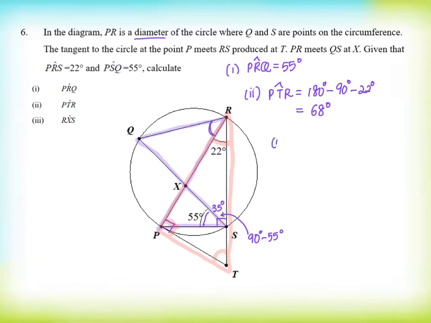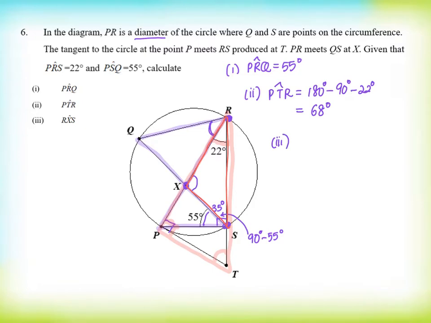Next one, part 3. We need to find the angle RXS. Where is the angle RXS? Over here. It can be seen very clearly. We have the triangle R, X, and S over here. So in this triangle RXS, we have angle sum of triangle.